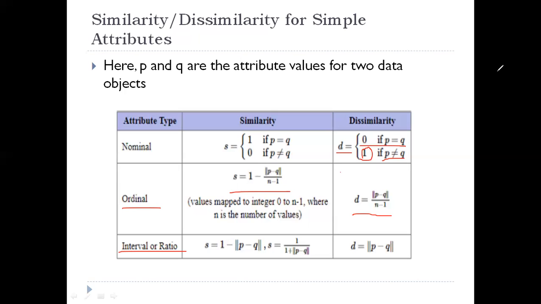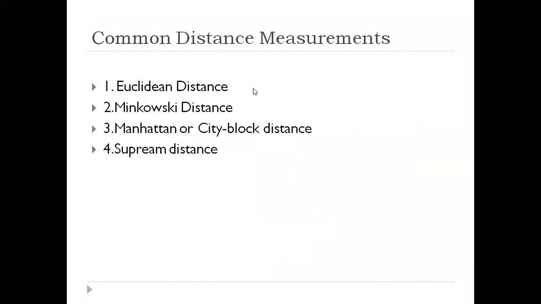In the next slide, we would see some common distance measurements. What are the common distance measurements we have? The first one is Euclidean distance. The second one is Minkowski distance.